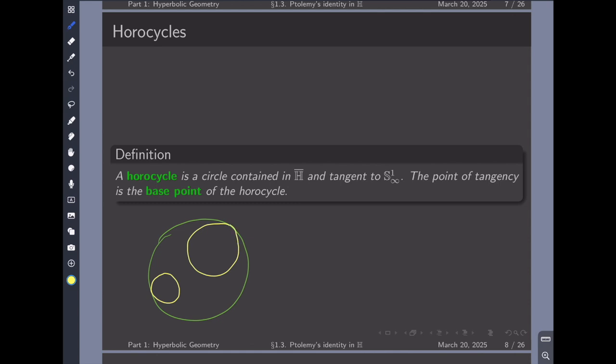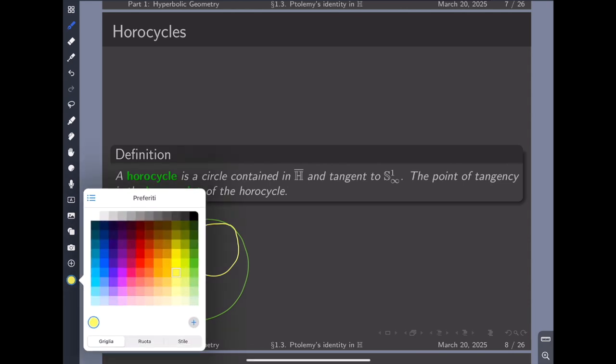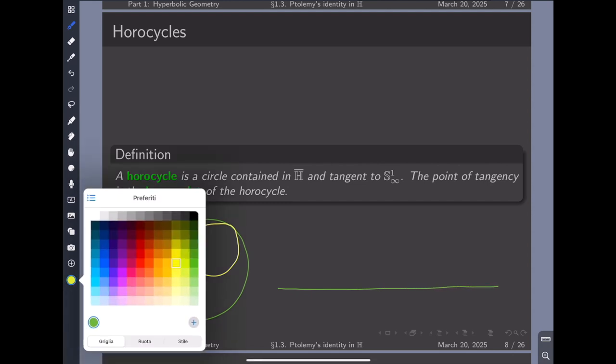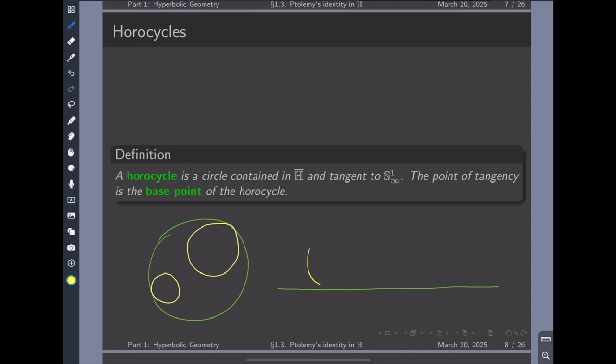And then in H bar, here is R bar, and then a horocycle. This is a horocycle. But then if you consider a circle tangent to R bar, which is the circle at infinity, at infinity this would be a horizontal Euclidean line. That's also a horocycle.